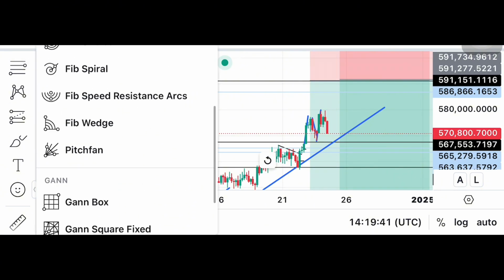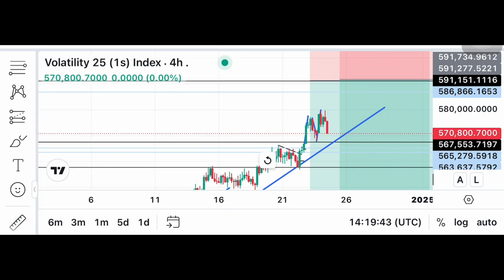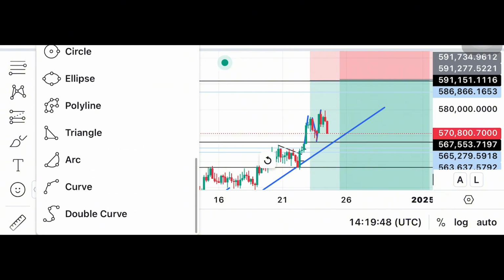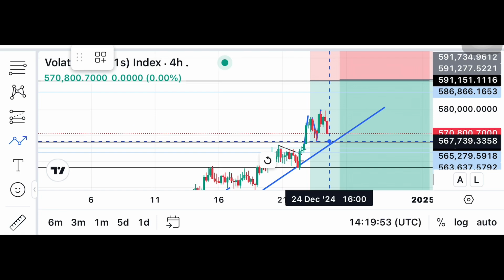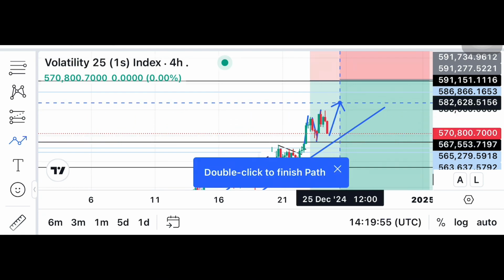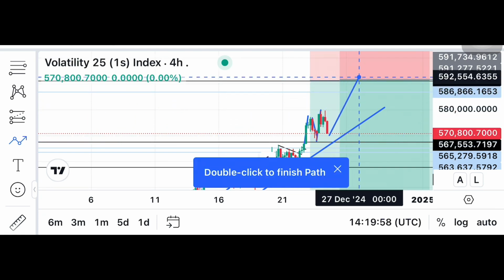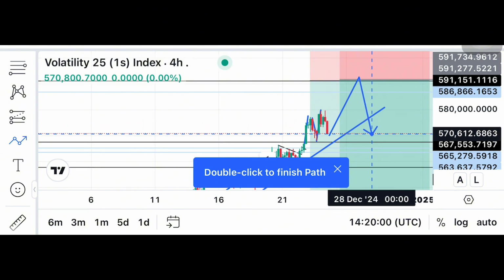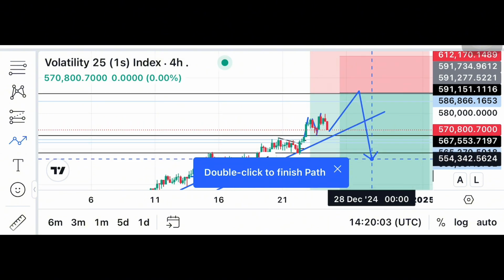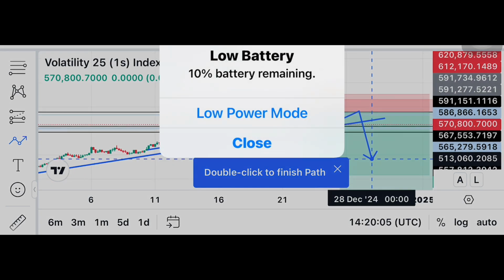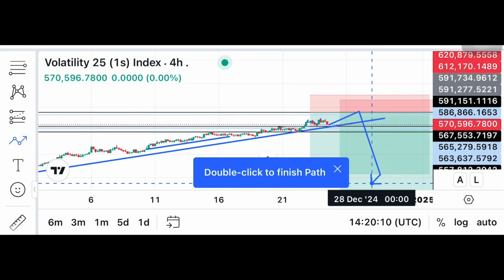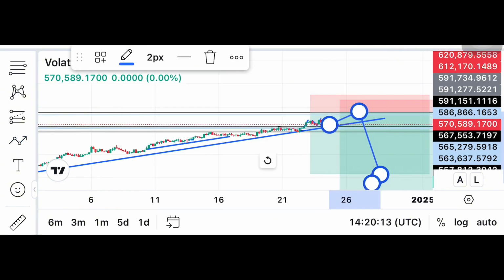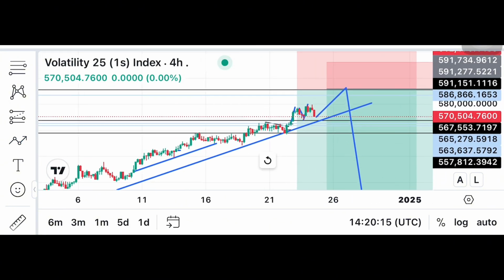Okay, so I'm expecting price to go like this, boom, to this side, then come back to this zone. Oh, my battery is low. Come back to this zone. This is why I'm expecting price to do this for me, come back, tap me in, and I'm in to TP.